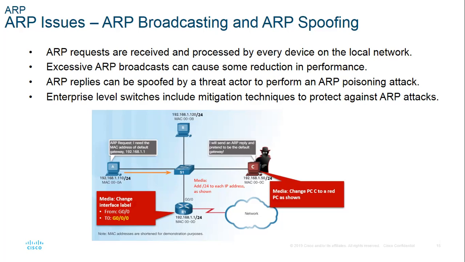When you have excessive ARP broadcasts, it will cause some reduction in the performance of the network, because these frames have a destination MAC address which is a broadcast, with all bits equal to 1.